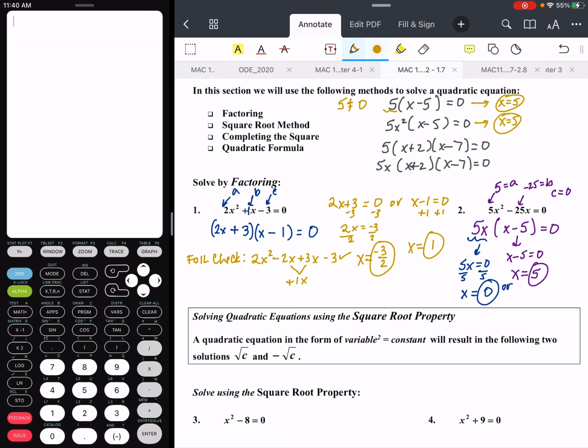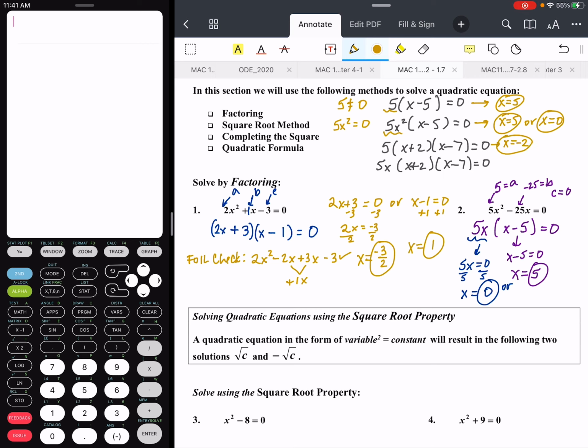So x equals 5 is a solution, but x equals 0 is also a solution. In this case, we can set 5x squared equal to 0, divide both sides by 5, then we have x squared equals 0, which means x has to equal 0 itself. So when the GCF has a variable component, that's when we can go forward and solve for an additional solution.